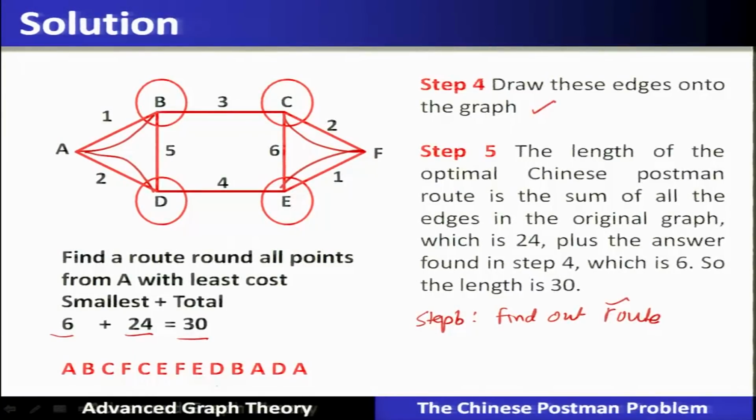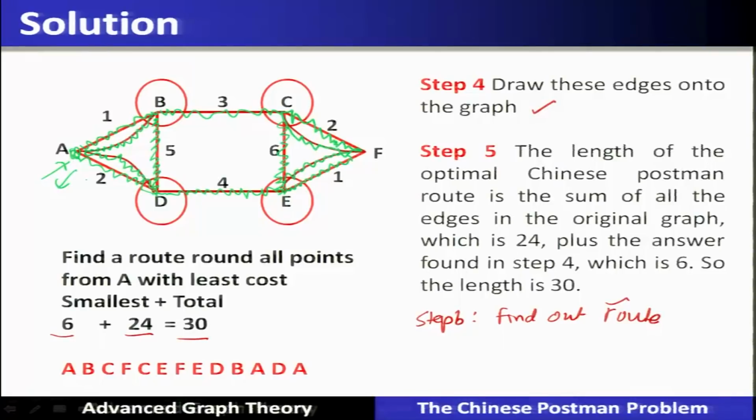Here in this case, we start from A, then we go to B, then from B to C, and from C to F. From F we go back to C, and from C to E, and from E to F, and from F back to E again, and from E to D, and from D to B, and from B to A, and from A to D, and from D back to A again.